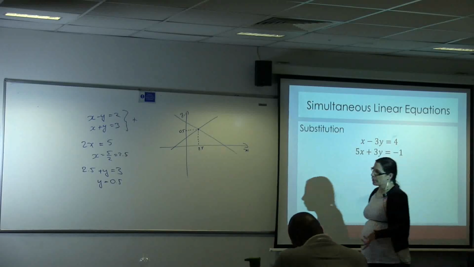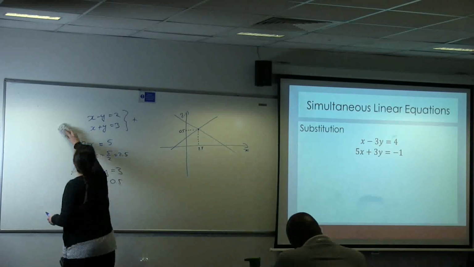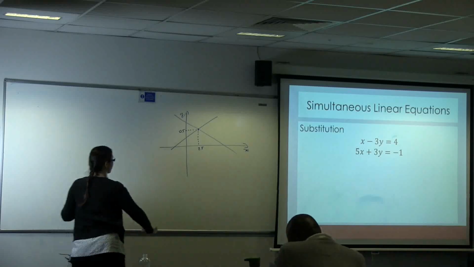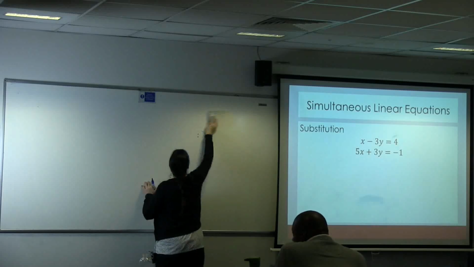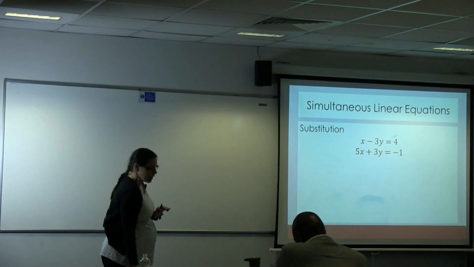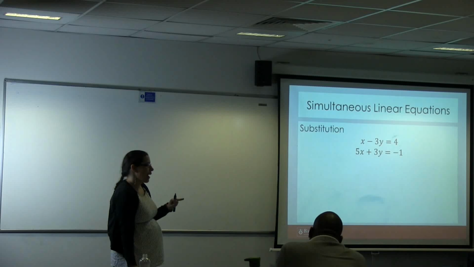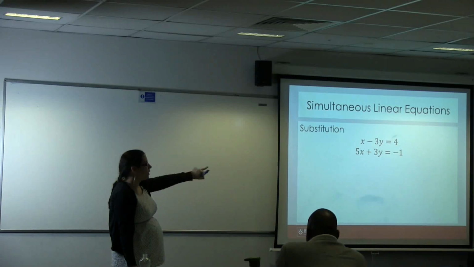The substitution method is slightly different. In the substitution method, all I'm doing is I'm looking at one of the equations, manipulate it so I can express one of the variables as a function of the other, and then pick that up and substitute it back into the second equation.